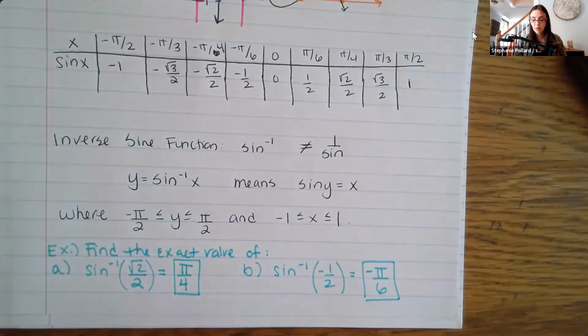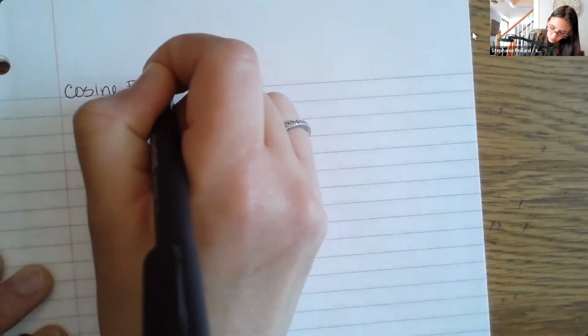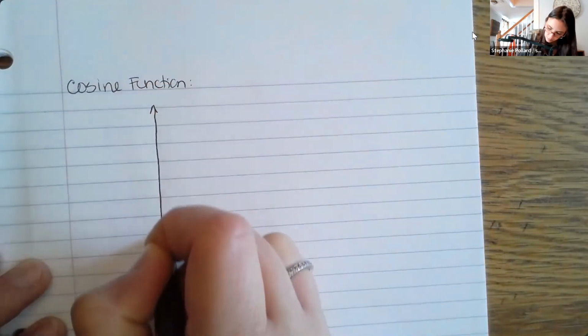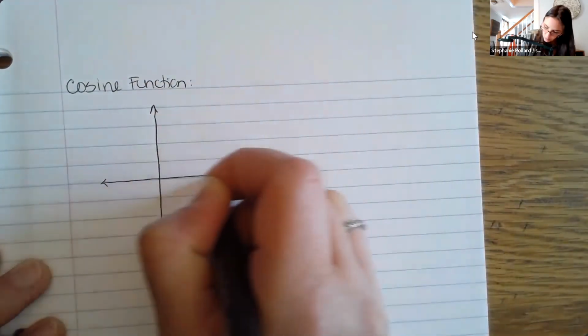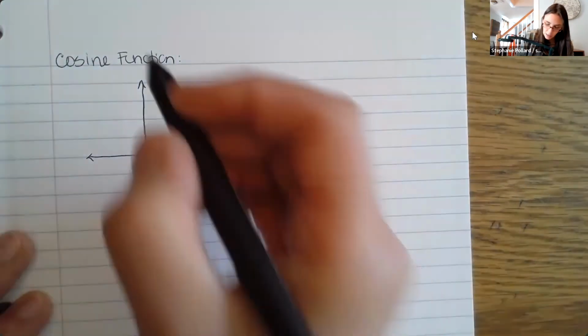Now we can do similar things with the other trig functions. So let's look at cosine next. I don't know why I drew my graph that big this time, but you guys get the idea.